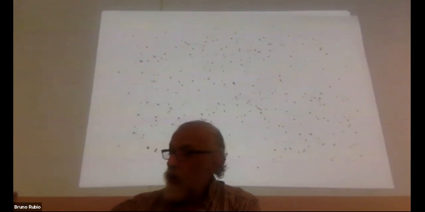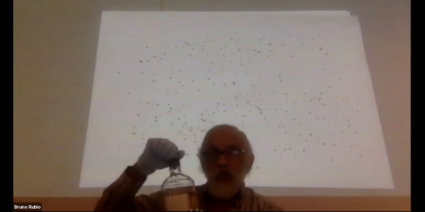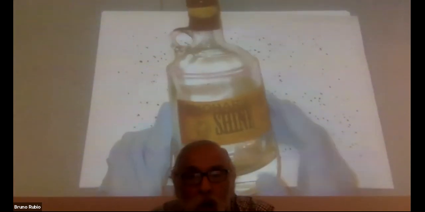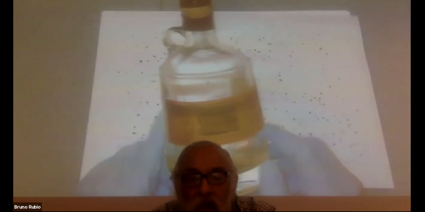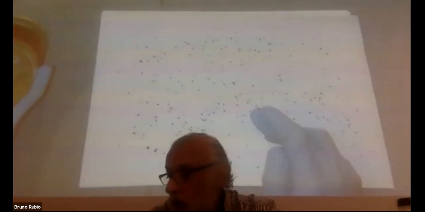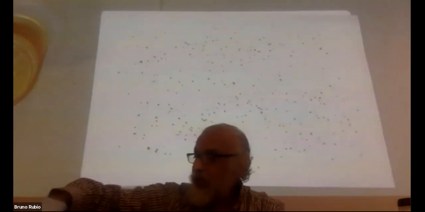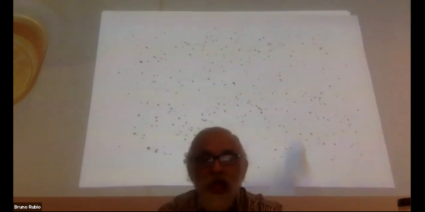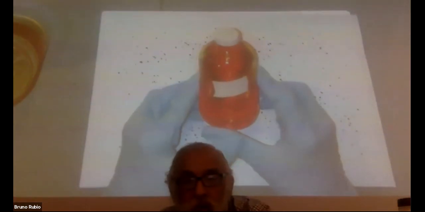Okay, so what's the Jones oxidation recipe? First thing we need is the alcohol, right? Moonshine, right? There's the alcohol. What else do we need for Jones oxidation? The chromium trioxide. And so you see this orange stuff here?